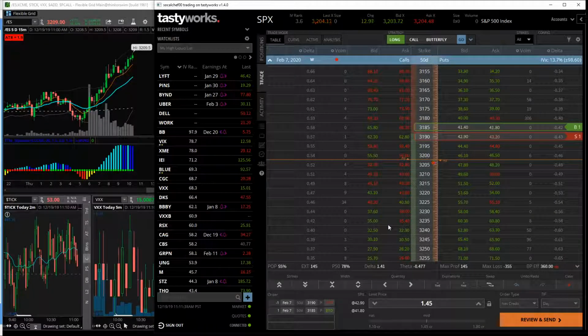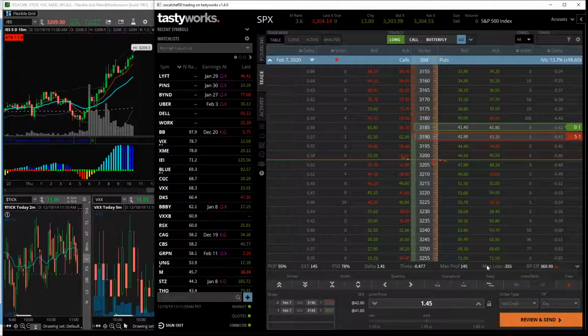Options are not allowed to be put onto margin. So you're not going to go and buy $50,000 worth of a credit spread on margin, right? It just doesn't work that way. What it does is it just reserves typically what your max loss is.